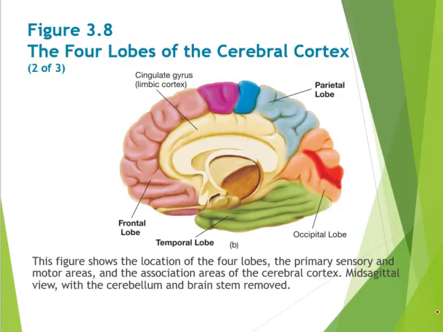The 4 lobes are easier to see in this particular mid-sagittal image because we still have some of the temporal lobe down here. We have the occipital lobe, the parietal lobe, and the frontal lobe all represented. This mid-sagittal view shows the forebrains around the cingulate gyrus, which is this area here, and that is part of the limbic cortex.